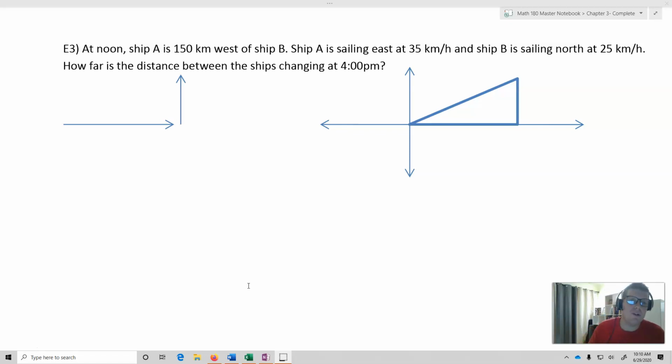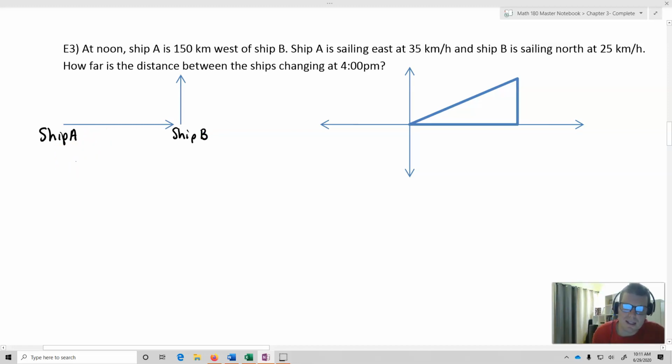We know at noon, ship A is 150 kilometers west of ship B. So here, let's take this and make this ship A, and ship A is sailing east, so here's ship B. Ship A is sailing east at 35 kilometers per hour.